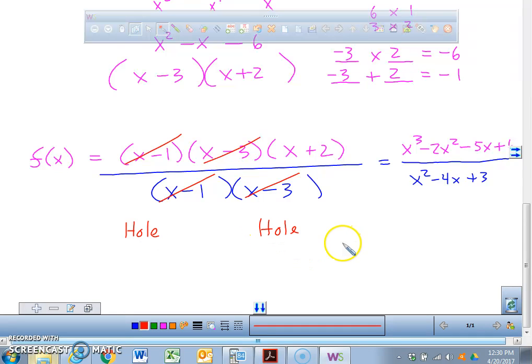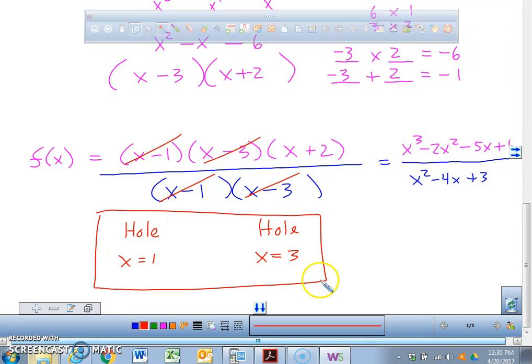Just a point of discontinuity. We have a hole where x is equal to 1, because if you plug in a 1 right there, 1 minus 1 equals 0, and that's bad for a denominator. We have another hole at x equals 3, because 3 minus 3 is 0, and once again, that's bad for the denominator.